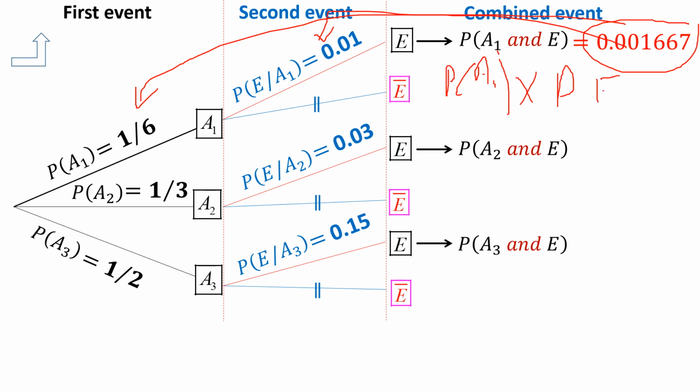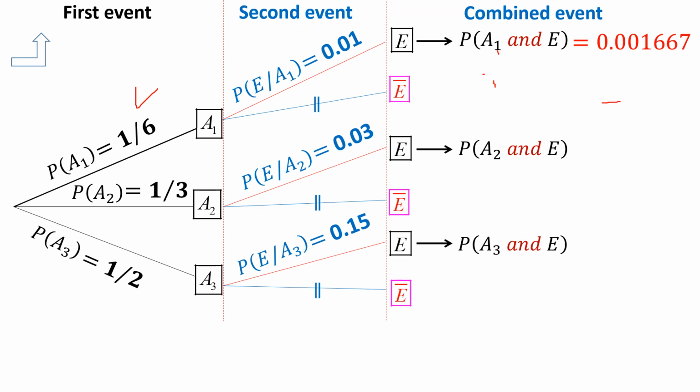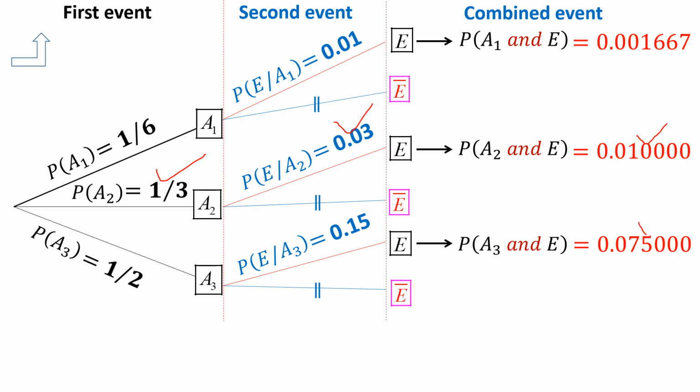This is the 'and' statement, and in an 'and' statement we have to multiply. Furthermore, 0.01 is the multiplication of 1 by 3 and 0.03. Similarly, 0.075 is the multiplication of 1 by 2 and 0.15.